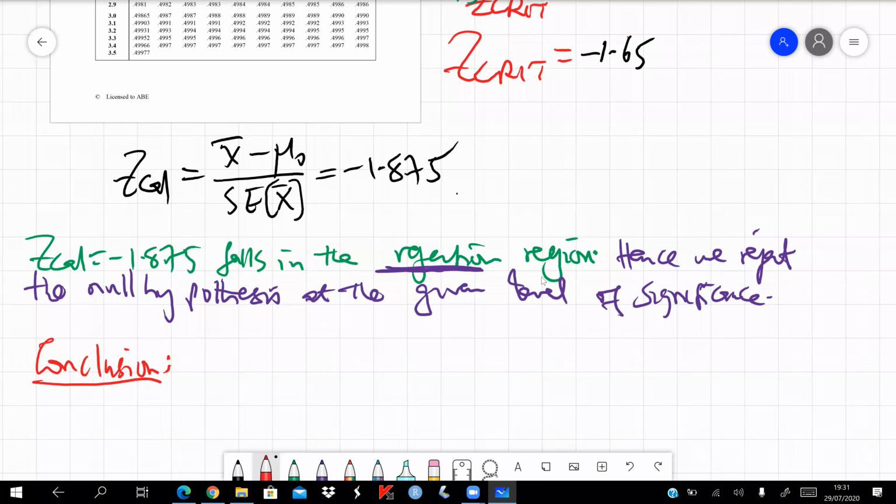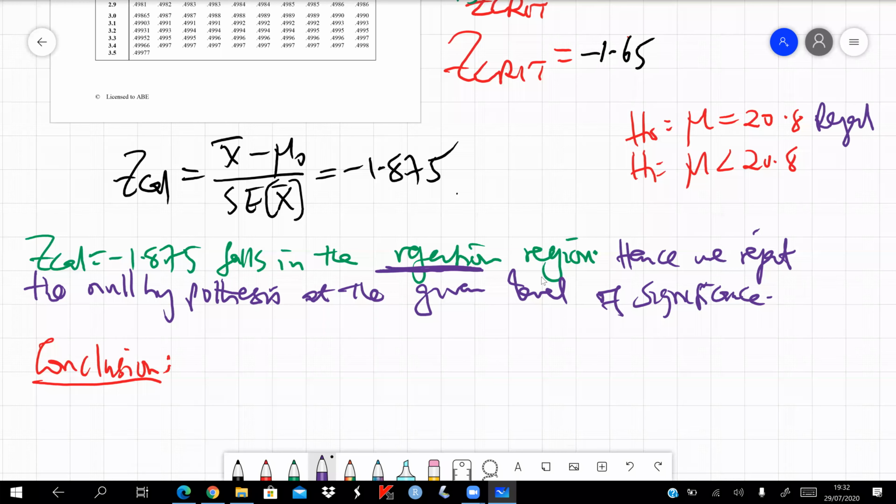Remember, our null hypothesis looks like this. H naught, mu is 20.8, and H1, mu is less than 20.8. We have done this, we have rejected this statement. Did we reject the null hypothesis?